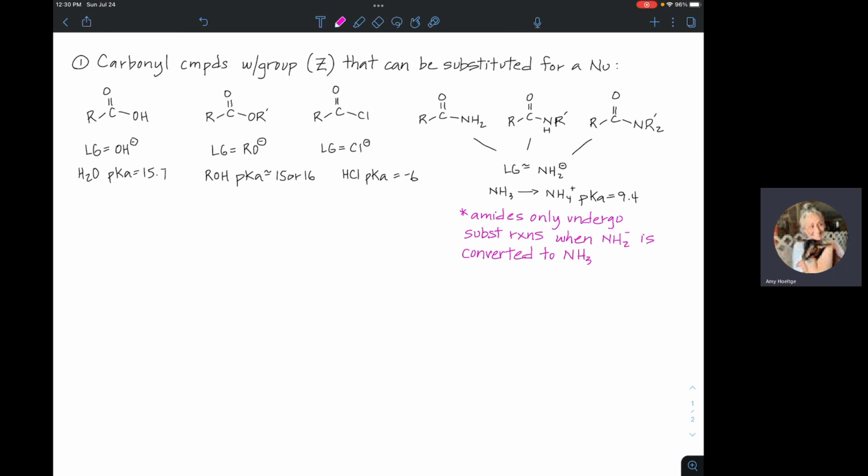And we just saw its conjugate acid is the ammonium ion. So that's worth noting. Those are going to be fairly unreactive compounds.